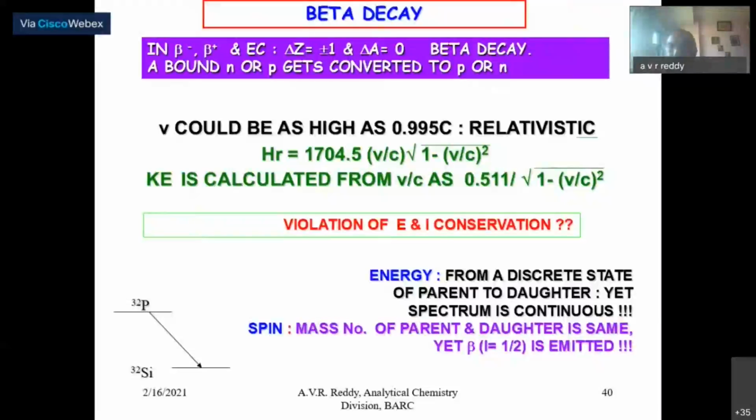Whereas in the case of beta decay, we are trying to understand that there is a possibility of two parts, in a later part. But when the electron's energy was measured, a continuous spectrum was shown, which I will show first and then come back to this.